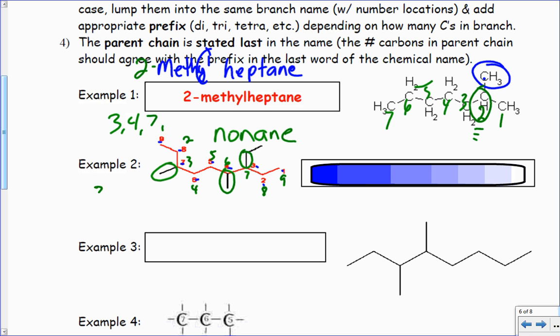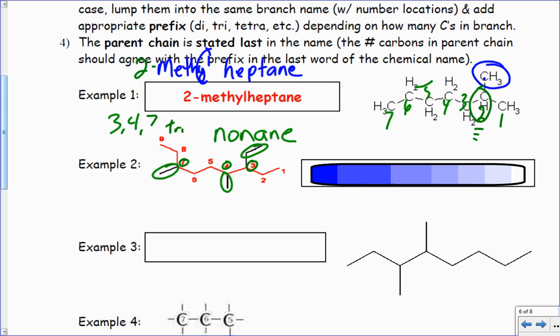The other way would be 3, 6, 7, and 3, 4, 7 is smaller. The total number is smaller, so that's why I go that way. That's the rule. Let me get rid of these greens because we don't need them now. On 3, 4, and 7, I have a single branched methyl, so it's going to be 3, 4, 7.